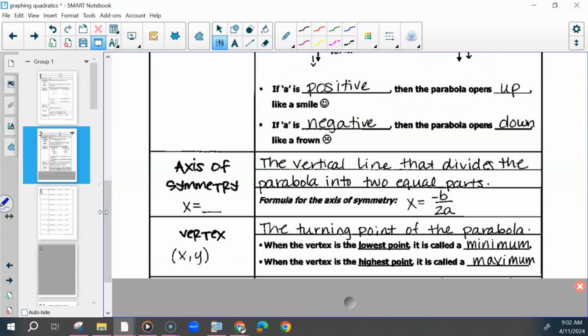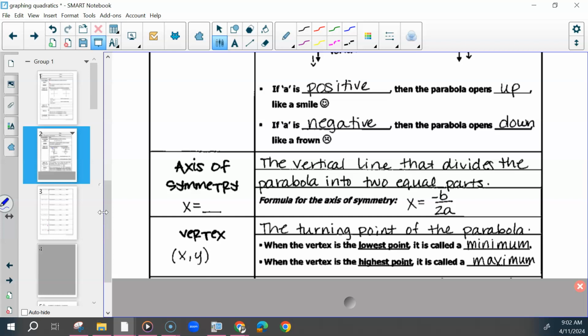And on your axis of symmetry, you're going to have a point. This would be the turning point where it changes direction, basically. It starts going up, but then it goes down, or vice versa. This is your vertex, written in the form x comma y as an ordered pair. When your vertex is the lowest point, it's your minimum.